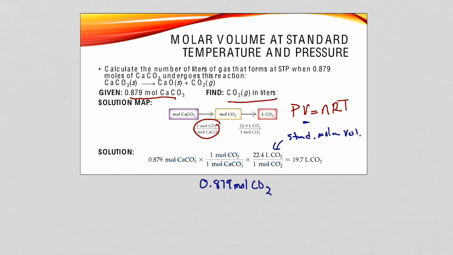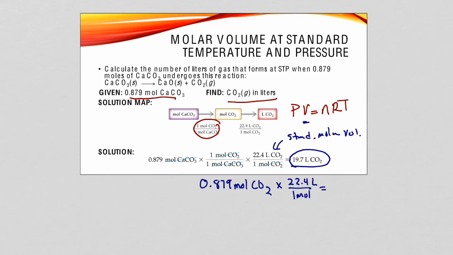So we have 0.879 moles, and we want to figure out how many liters that's going to be. We're going to simply take this times our 22.4 liters per mole, and that's where we're going to get 19.7 liters of carbon dioxide, or 87.9% of that 22.4, because we have 0.879 moles.